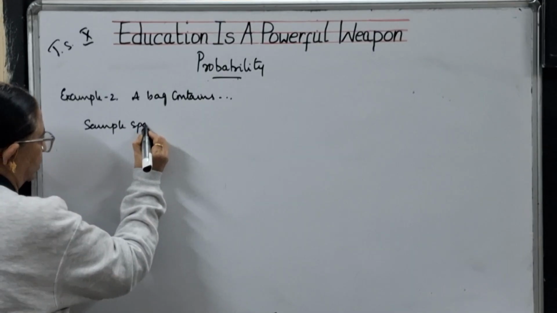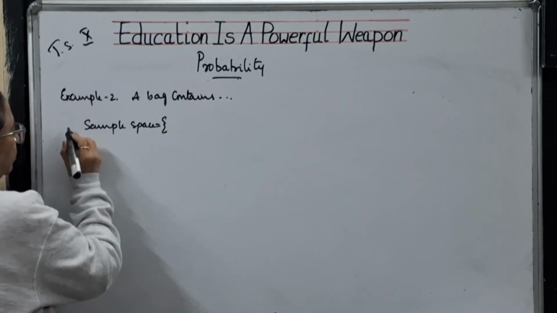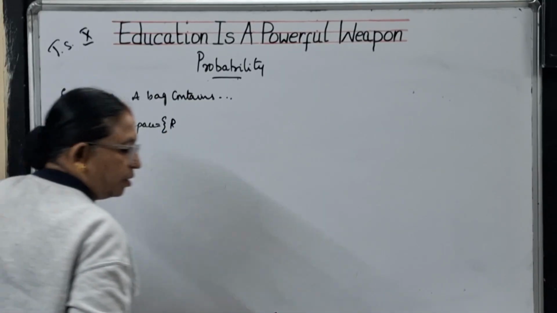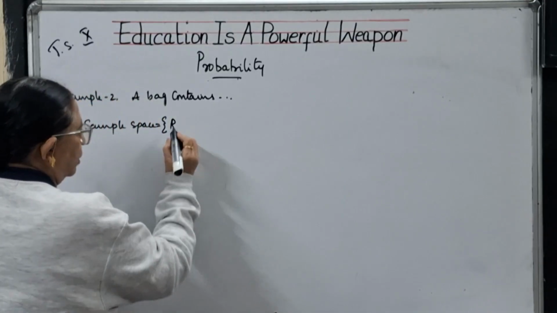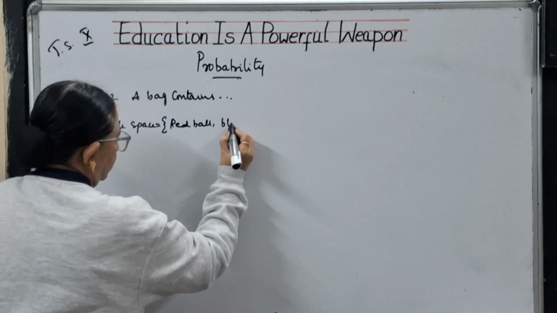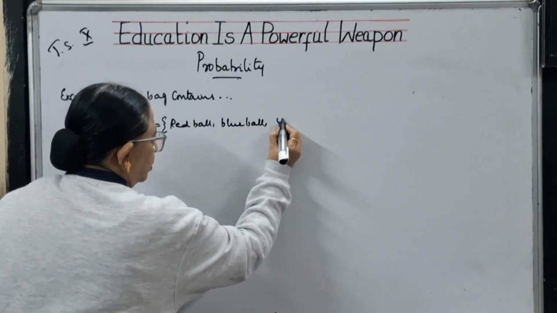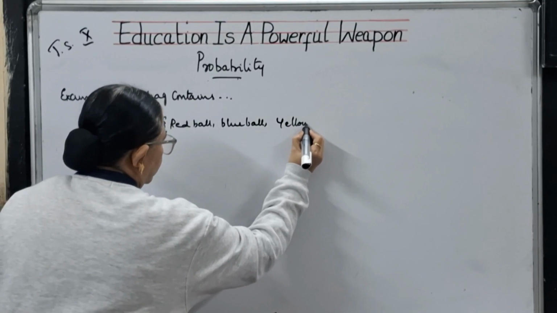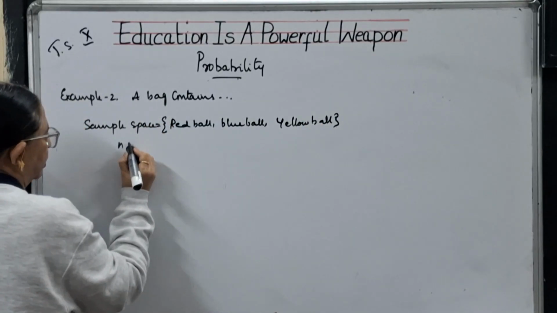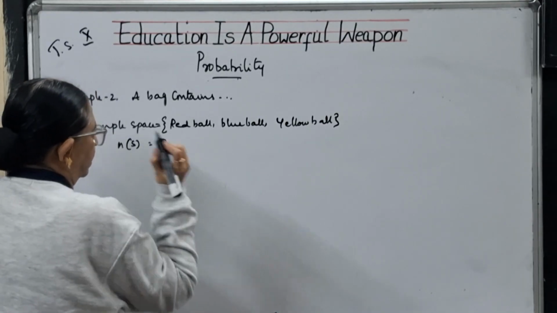What is the problem dealing with? It is dealing with a red ball, blue ball, and yellow ball. So this is the sample space. That means what is n of S, children? 1, 2, 3. It is 3.